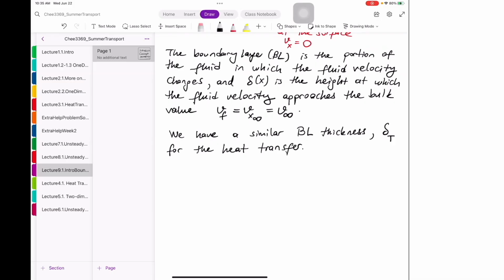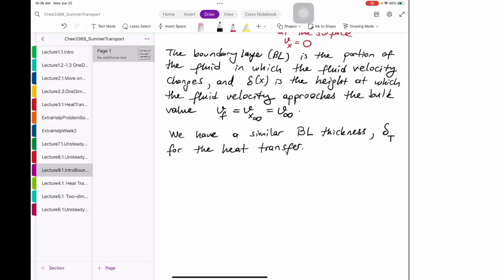So your temperature profile is also not going to change beyond some point, and the value of that thickness is called delta T, which is the boundary layer for the heat transfer.